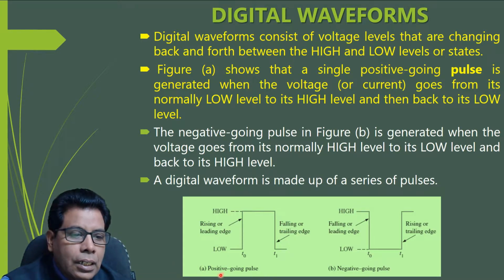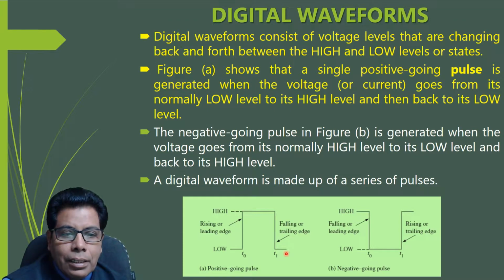You can see it's a positive-going pulse. Normally it is low. At T0 it goes to high, then it remains high for a certain time. Then at T1 it goes low. This is a positive-going pulse because it goes from low to high.